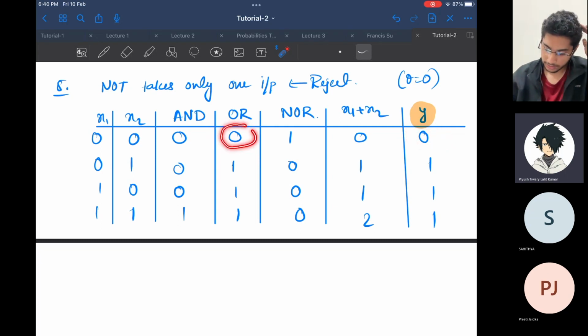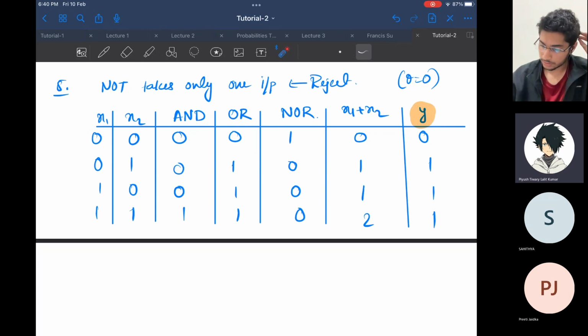When the OR output is 0, y is also 0. Okay, fine, this is good. When the OR output is 1, this is also 1. So this is also fine. This will also work. So, have I made any mistakes?